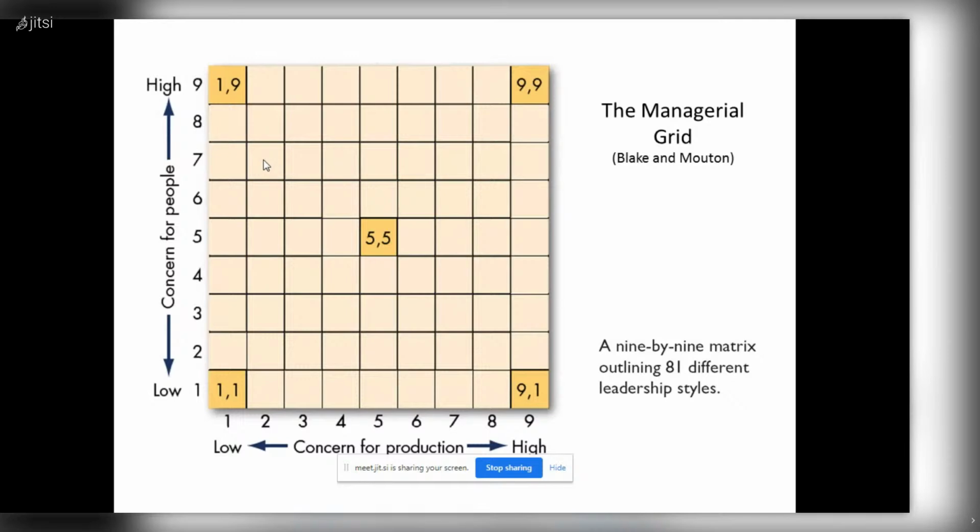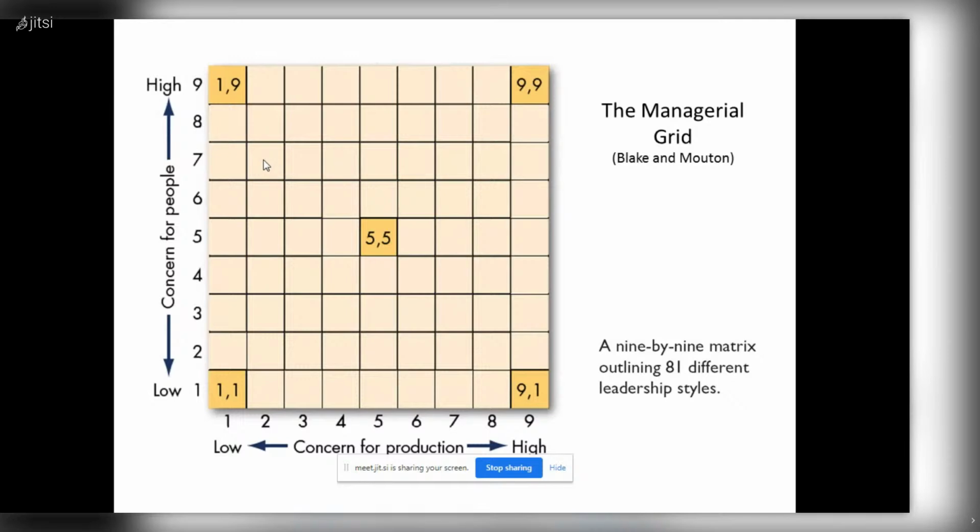So this managerial grid used the behavioral dimensions: one is concern for people, another is concern for production. The grid has 81 potential categories into which a leader's behavioral style might fall. But in this particular grid, only five styles were named.